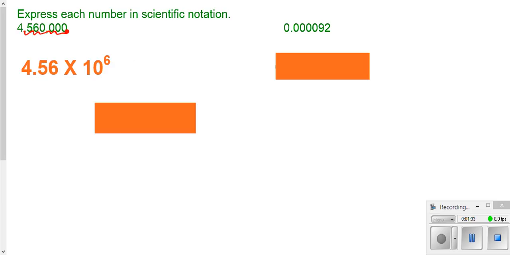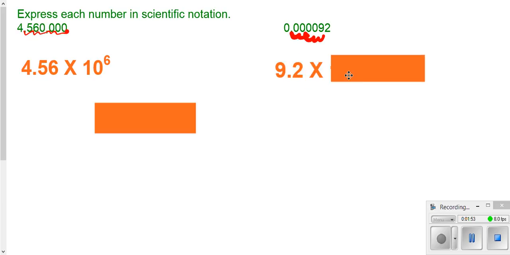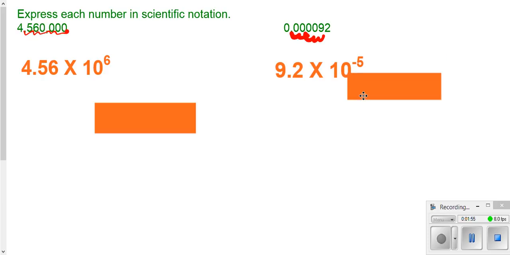Same idea over here on this next one. We're going to take our decimal point and we're going to move it 1, 2, 3, 4, 5 spots. So we'll move our decimal point so we only have one digit before that, which is a 9, and then we'll still have a 0.2 times 10, and now it's going to be a negative exponent because that's really a small number.